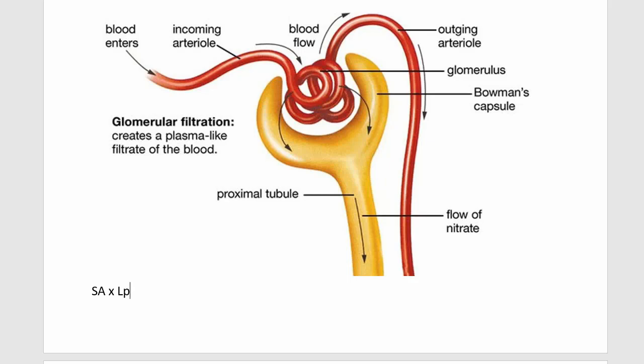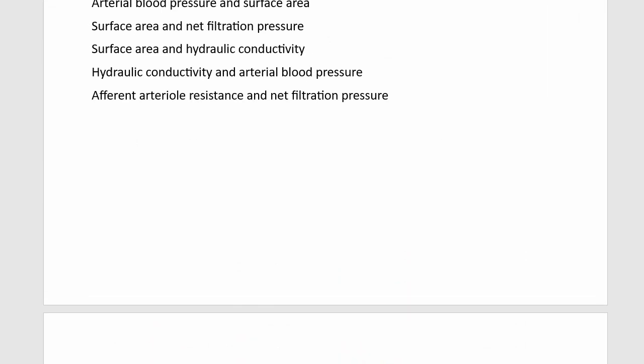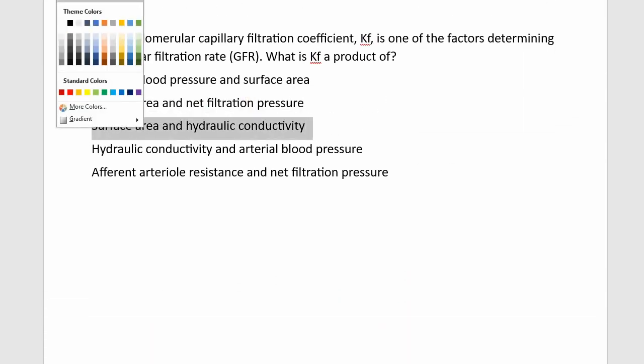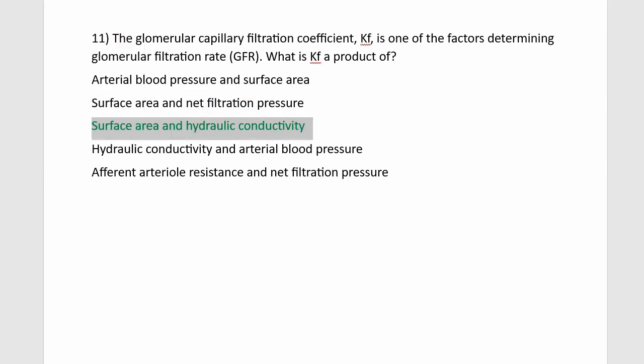And this is influenced by the structure and the integrity of the membrane. So from that, we get the equation, which is one that's always handy to remember: surface area times hydraulic conductivity leads to glomerular filtration coefficient. So if we scroll back up here, surface area and hydraulic conductivity is our correct answer.